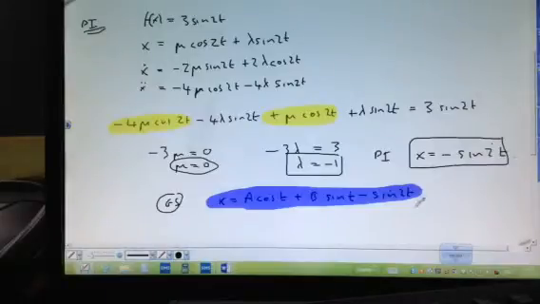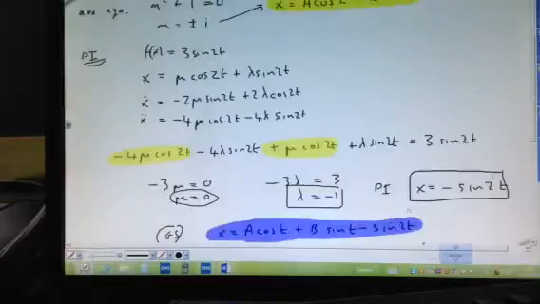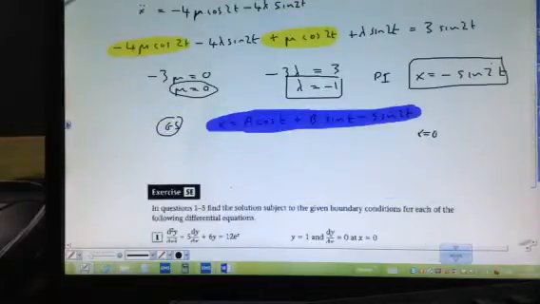Now the boundary condition says that x equals 0 when t equals 0. So you end up with 0 is equal to a cos of 0, which is 1, so that gives you a, and sine of 0 is gone. So a is 0. Okay? So that's the first shock, that first bit doesn't exist.